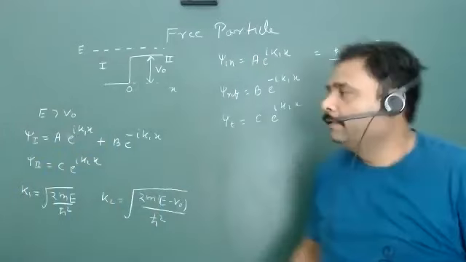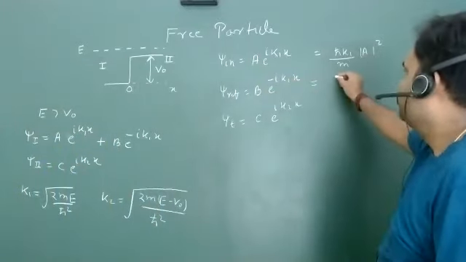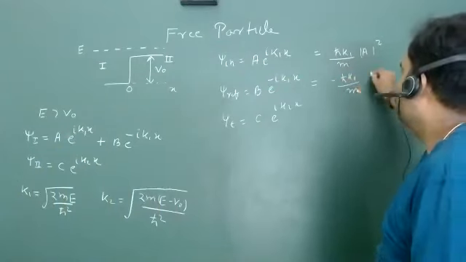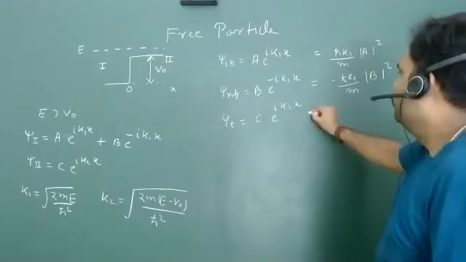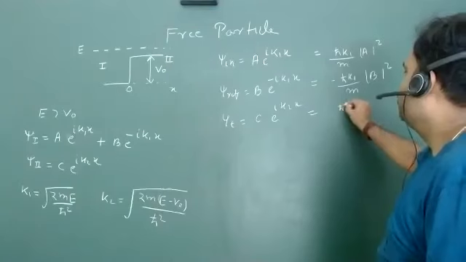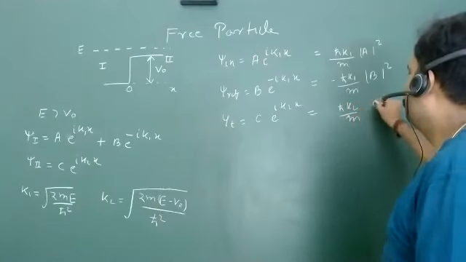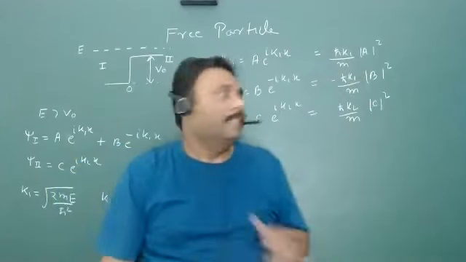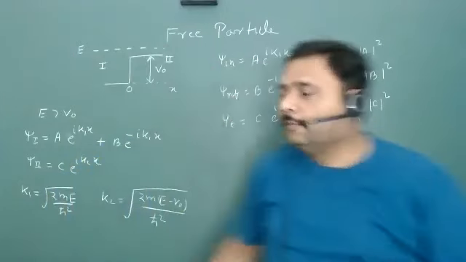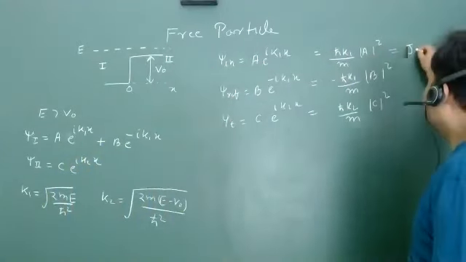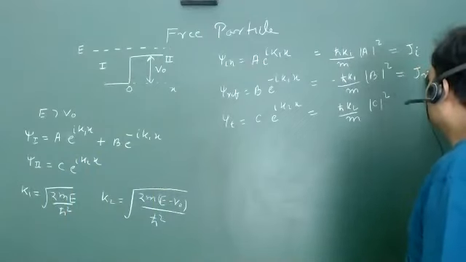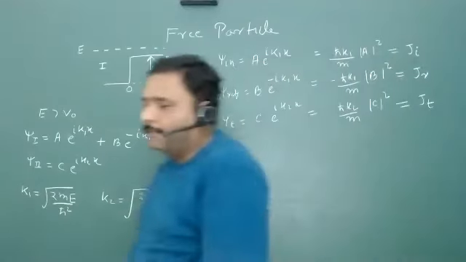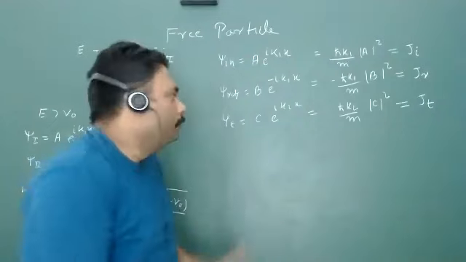Similarly, for psi reflected this will be minus h cut k1 upon m mod B square, and here this will be h cut k2 upon m mod C square. We used the formula of jx. So this is j incident, this is j reflected, and this is j transmitted.